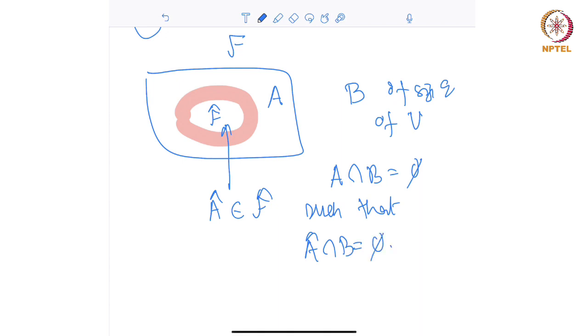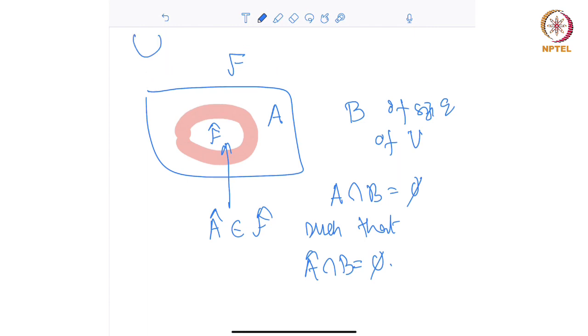That is the kind of property we would like from F hat.